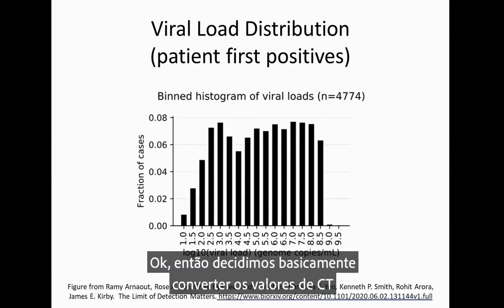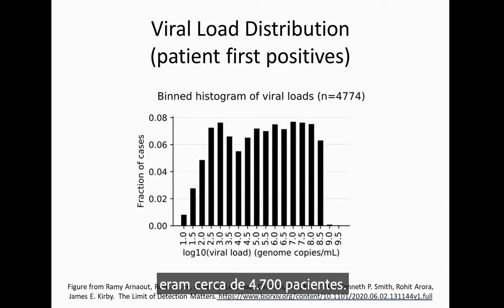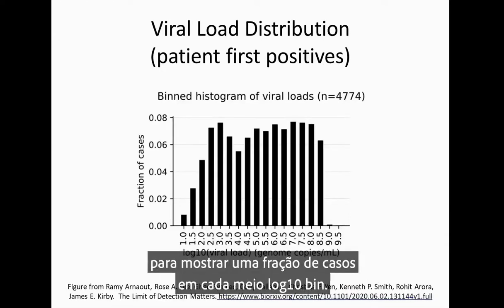Okay, so then we converted our CT values for patient first positives, about 4,700 patients, and binned those viral load results to show the fraction of cases in each 1/2 log 10 bin.